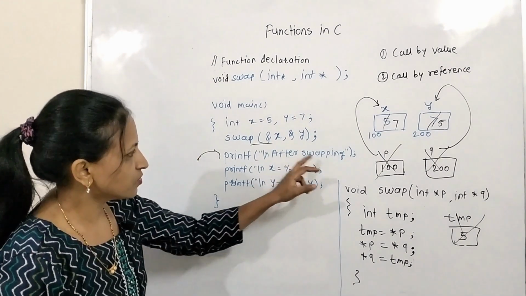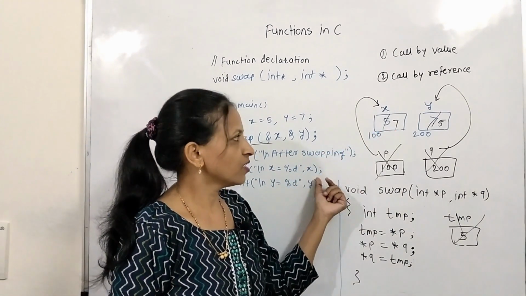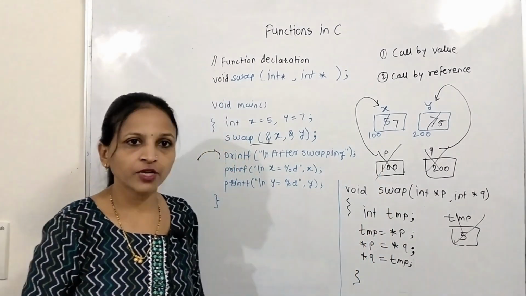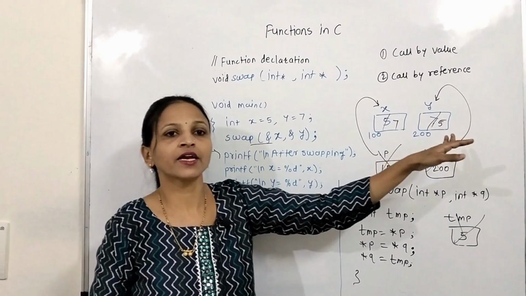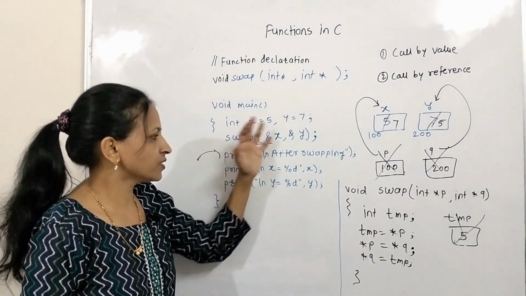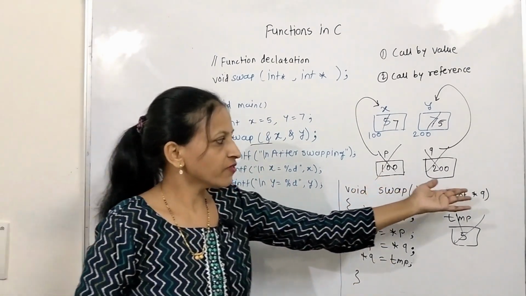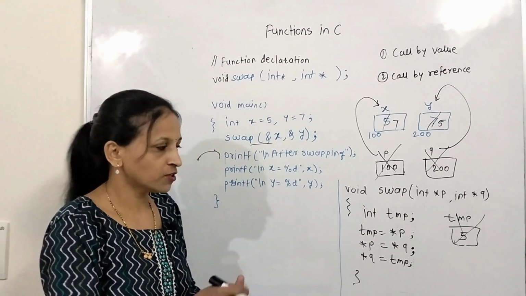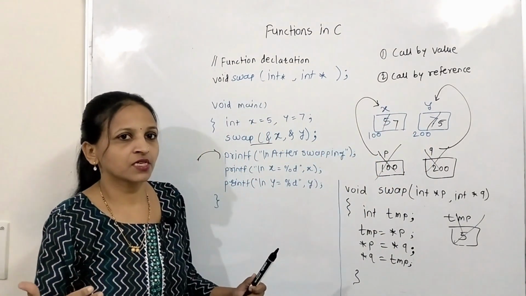Now see, after swapping we will get the value of X equals 7 and the value of Y equals 5. Means actually we are modifying the values of X and Y, and that is only possible because of this technique. That is, we are passing addresses, and in pointer variables we are storing those addresses, and through those pointer variables we can fetch the actual variables.